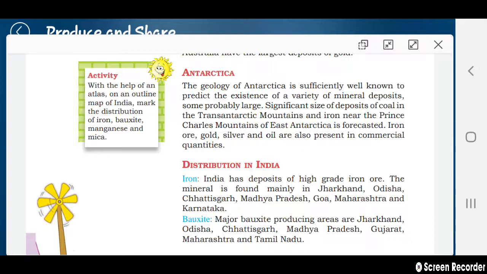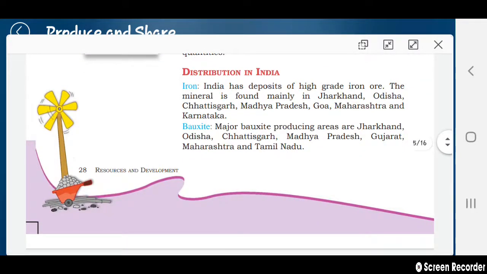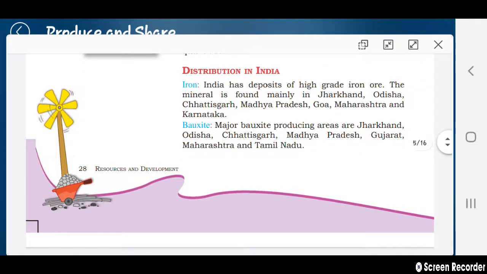Iron ore, gold, silver and oil are also present in some quantity. So now you saw about minerals and different types of oils present in the countries of the world.